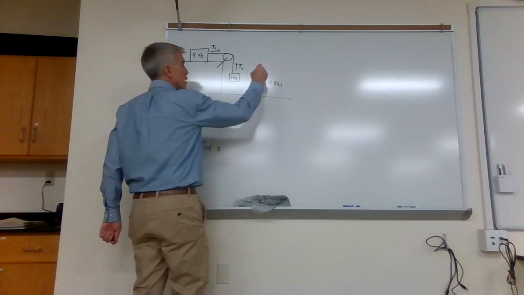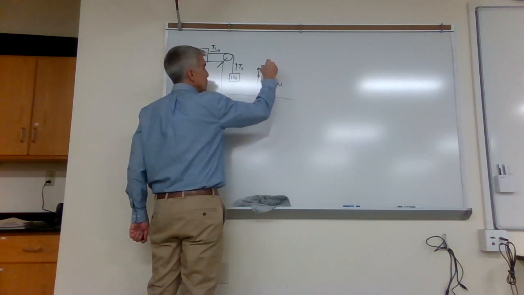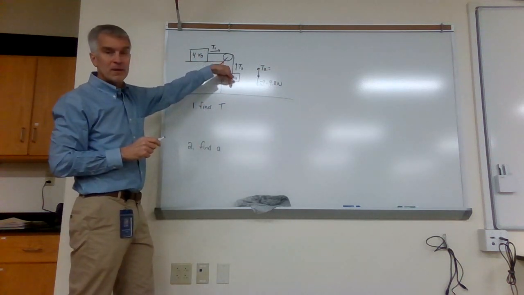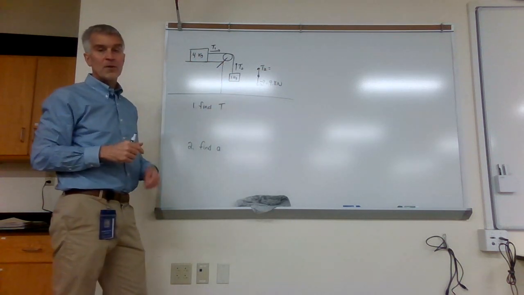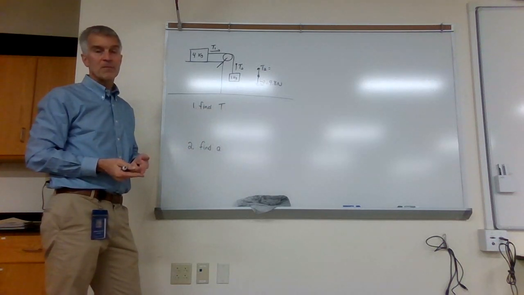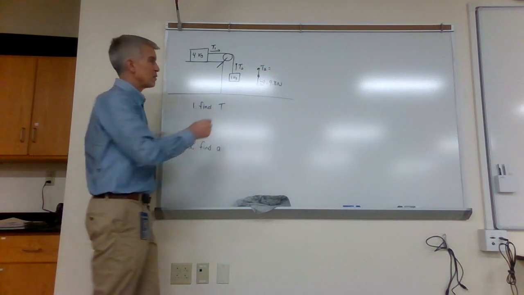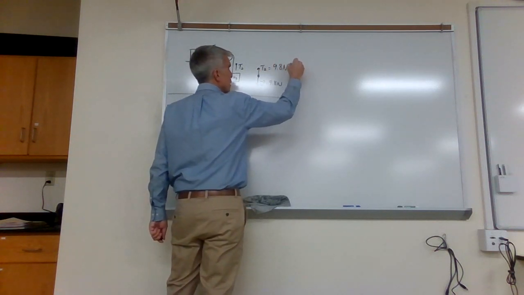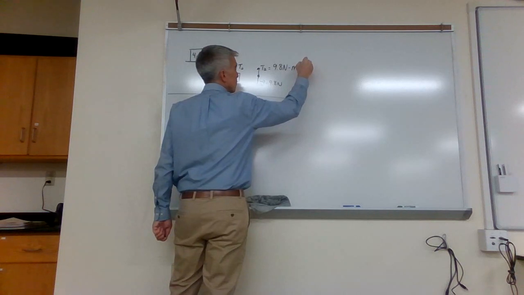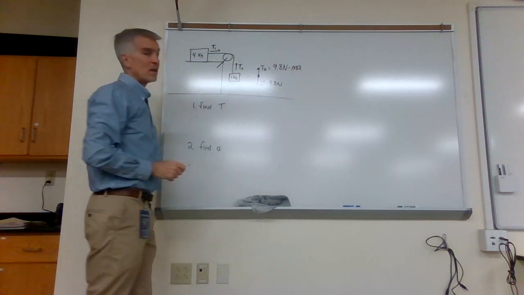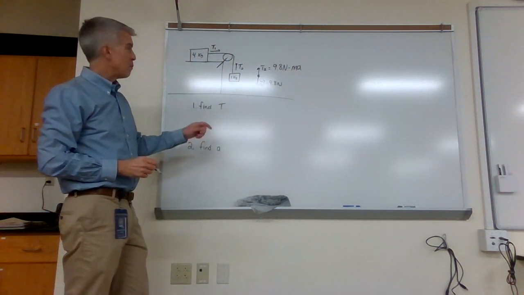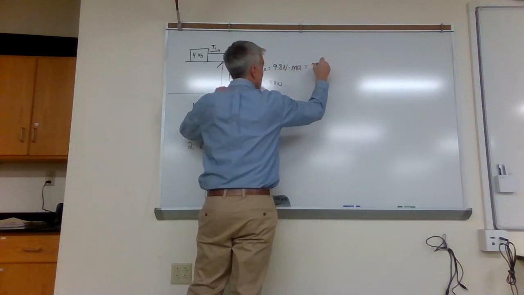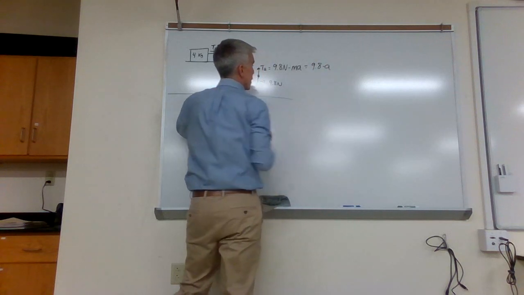Now, there's a force up of T2. Because this block is going to accelerate down, the size of the tension force is smaller than the size of the weight. So for T2, I'm going to take the weight and subtract MA. This M is 1, so T2 becomes 9.8 minus 1A.